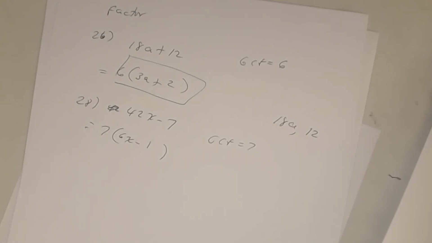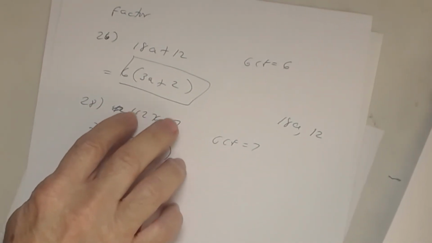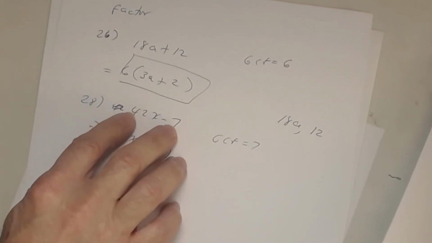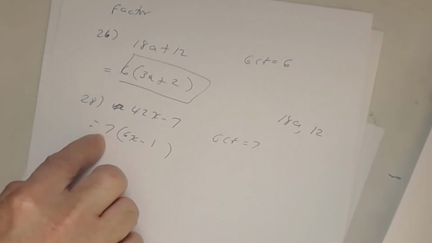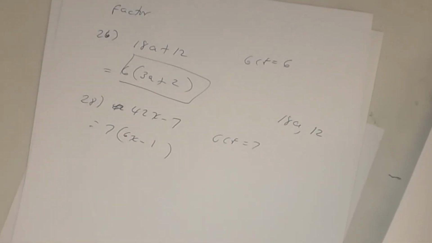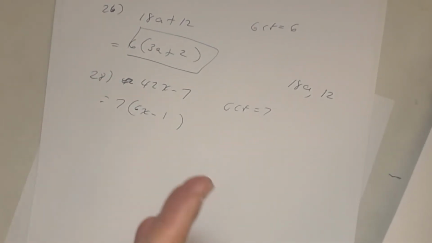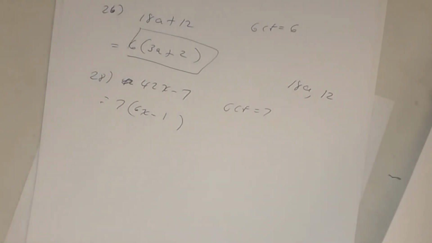You factored this polynomial. Remember, polynomial means many monomials, in this case, terms. This polynomial had how many terms? 2. And when you factored it, you wrote it as 7 times 6x minus 1. Factor means to write this as a product, and I did.